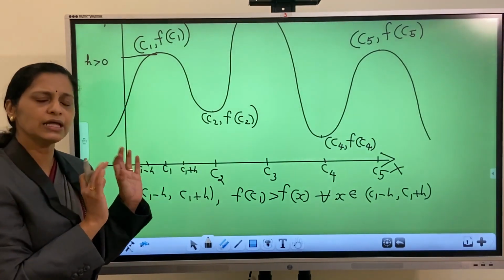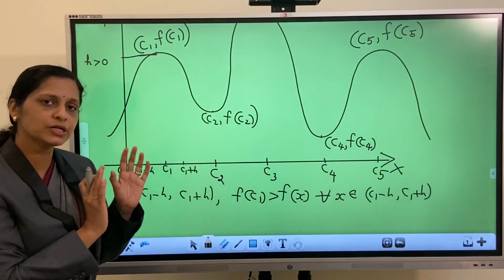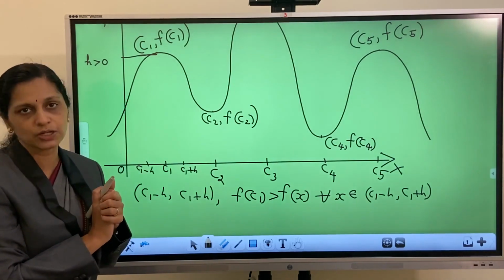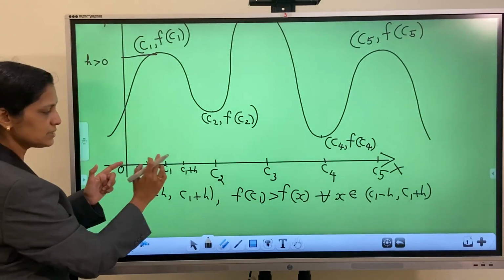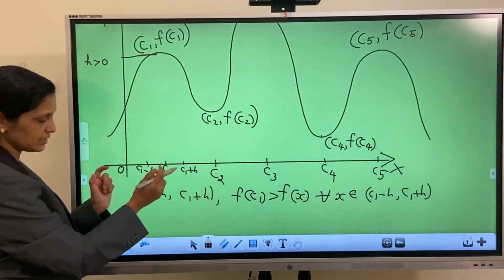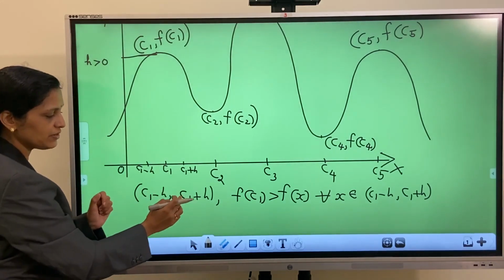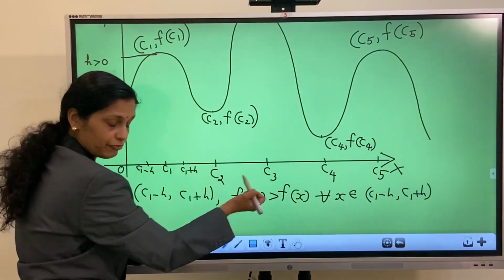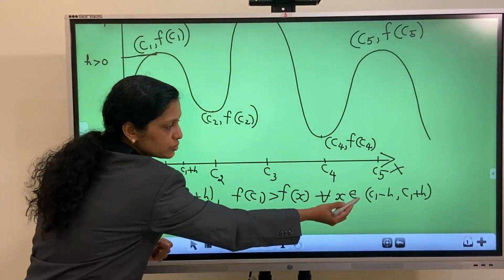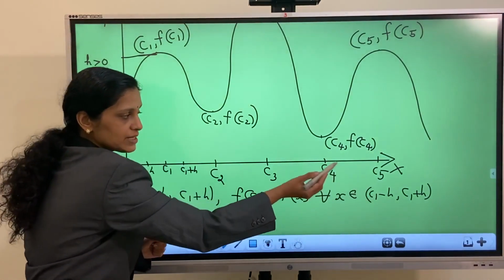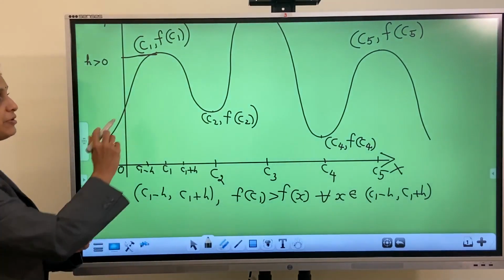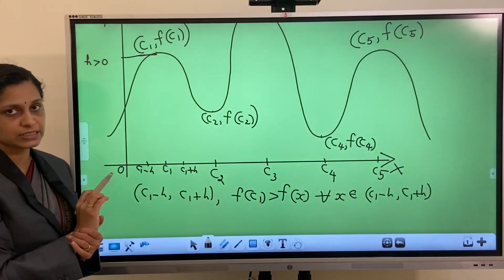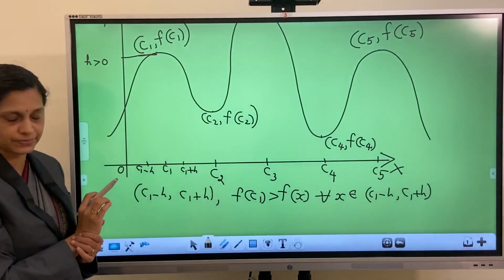Clearly, local maxima means the maximum at a particular locality. In this interval C1 minus h, C1 plus h, f of C1 is greater than all f of x for all x belonging to this interval. Therefore, we are calling f of C1 the local maximum value of f of x.